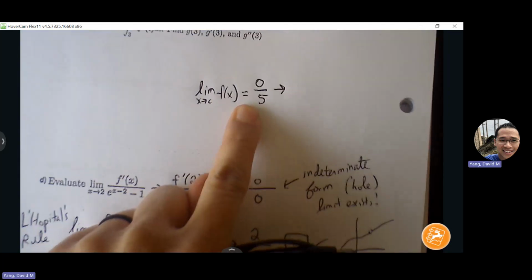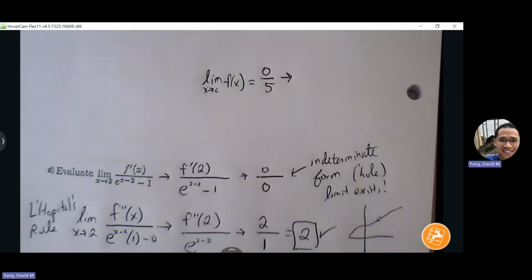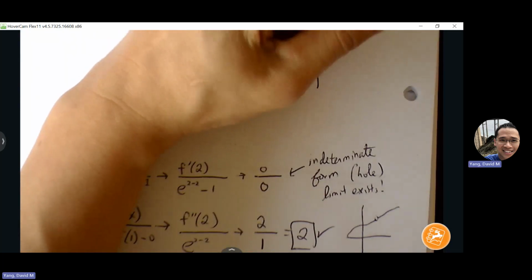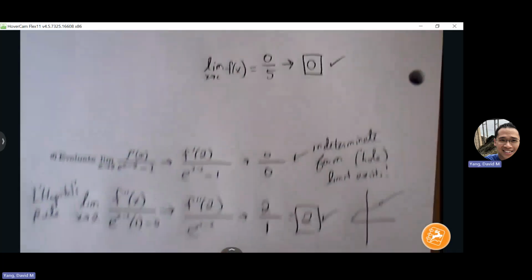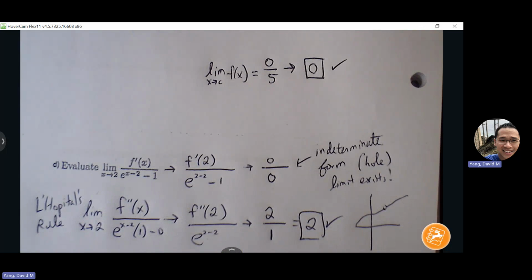How do we interpret that? Is that a real number? Is that an indeterminate form? Is that undefined? And what's that number? So that is 0. Okay, so this would be our real number. 0 over a non-zero would be a real number, which is 0.